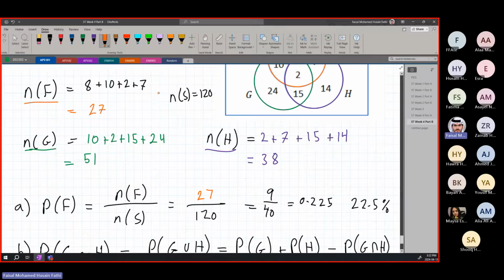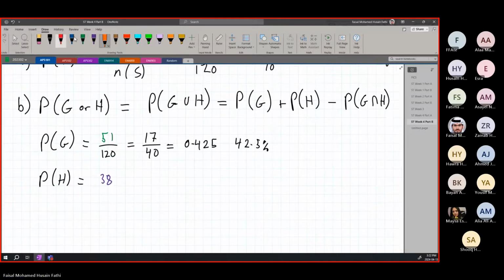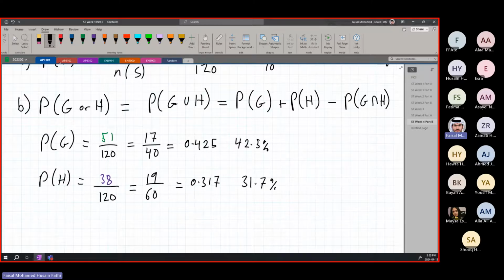Just so you guys know where I got these numbers from. 38 over 120, when you divide 38 by 120, you get 19 over 60, or 0.317 or 31.7%. Usually, I personally like to deal with fractions when we're adding and multiplying until the final answer, but I'm just putting them all here so you guys can see what it looks like.